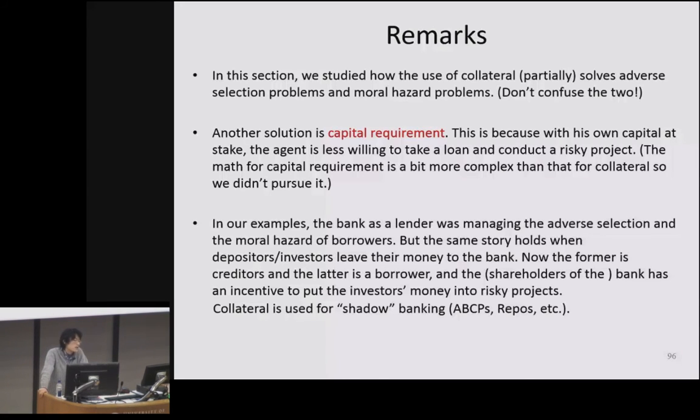So, okay, there is moral hazard problem in banking. When a bank borrows money from creditors and investors, collateral can be used, equity requirement can be used to mitigate such potential moral hazard problems by banks, but these solutions are not perfect solutions. So, yes. I guess that's it.